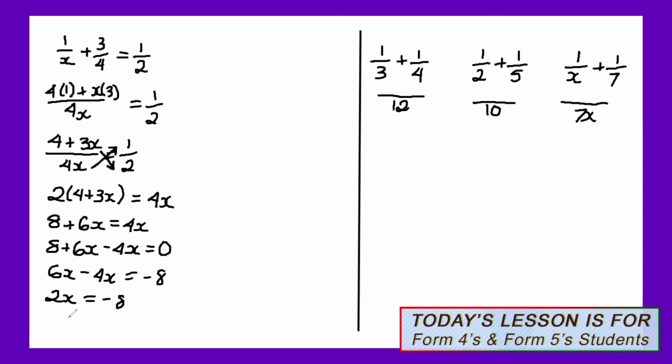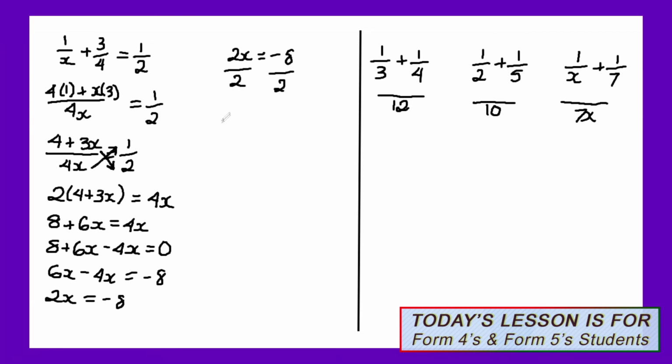Now, to solve for x, we are going to divide both sides of this equation by 2. Okay. I'm going to take this up to the right-hand side here. So again, remember, we must write back the line. 2x is equal to -8. And we're going to divide both sides of the equation by 2.